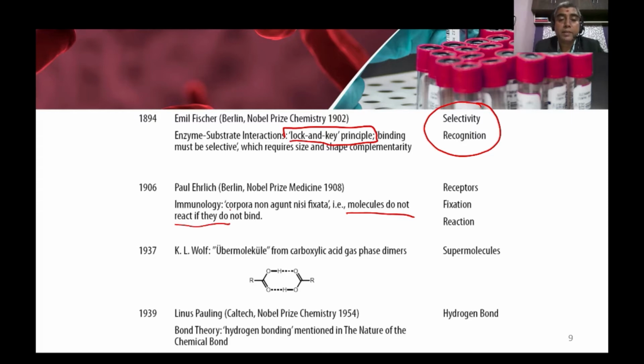In 1937, K.L. Wolf invented the carboxylic acid gas phase dimer. And in 1939, Linus Pauling described a new type of chemical bond, that is hydrogen bonding.